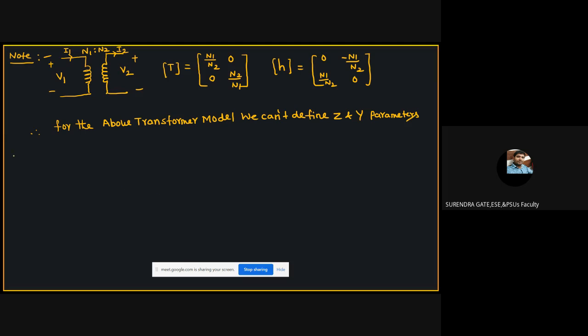For example, students, this is given like this. It is 1:n. This current is I1, voltage is V1. This current is I2, voltage is V2.